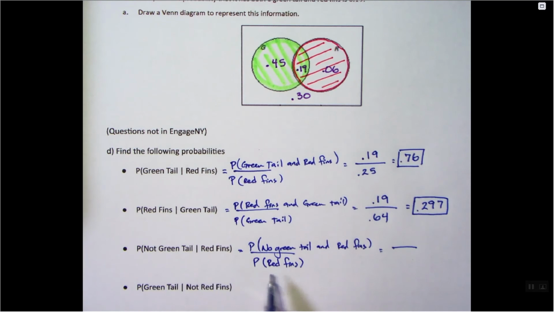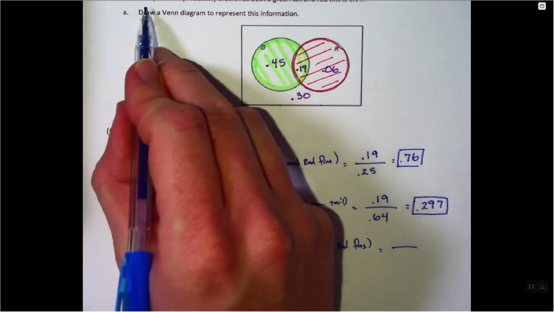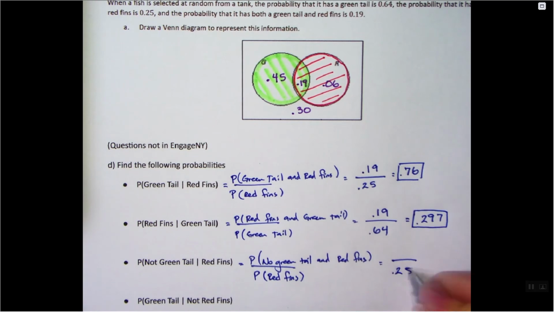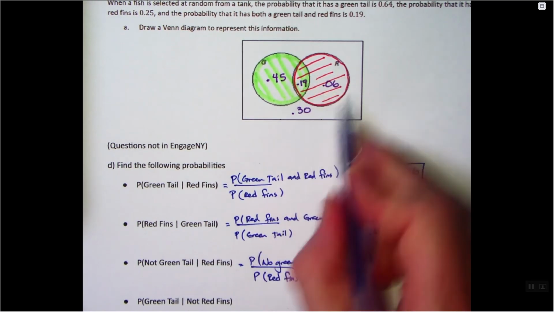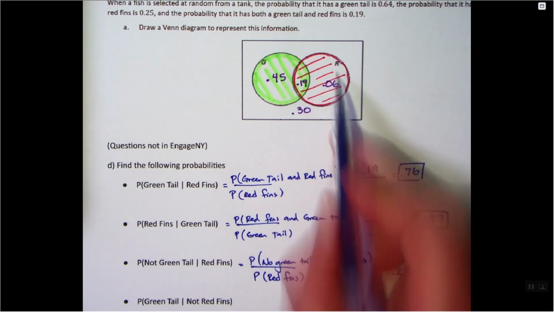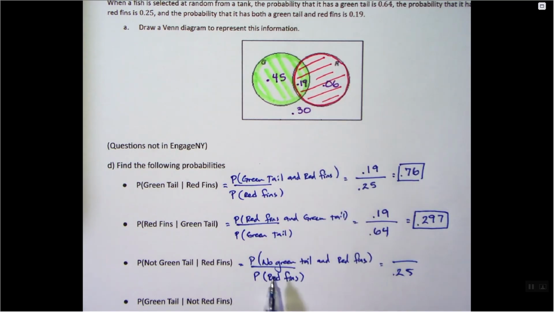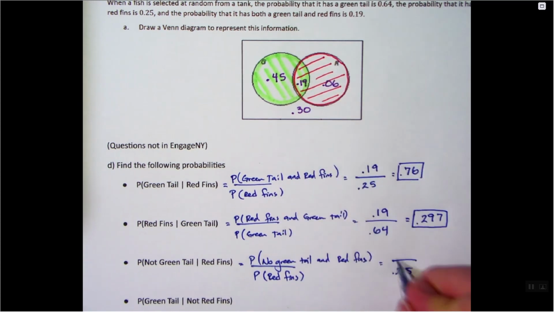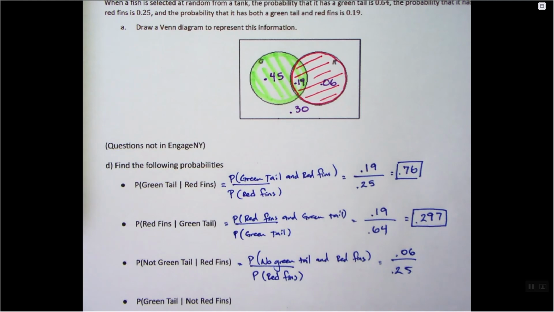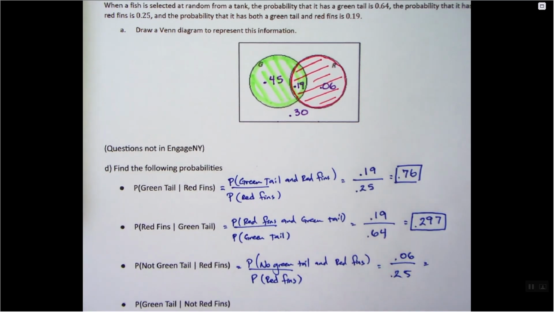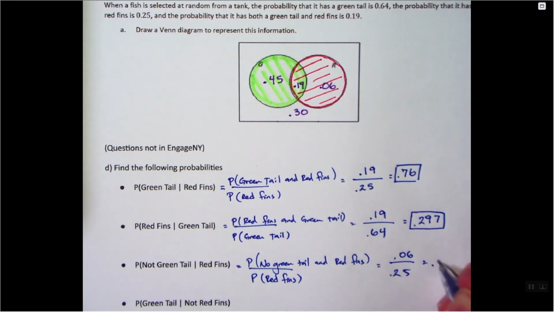Okay, the ones that have red fins is, oops, you can't see it, 0.25. Okay, that's the ones inside this red circle. Now, if it's in the red circle and only in the red circle, the chance that it also has no green tail is the part that's outside of the intersection, or 0.06 on the outside. Okay. Now if I divide 0.06 divided by 0.25, then I get 0.24.